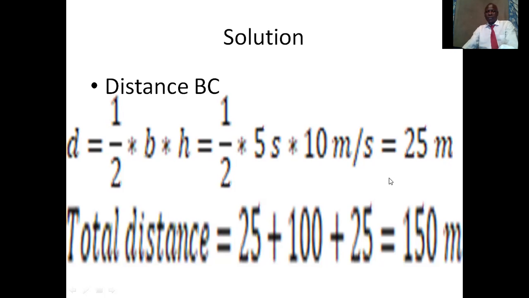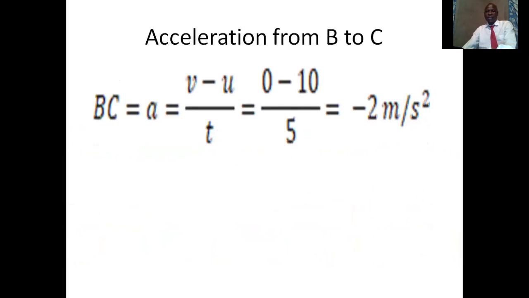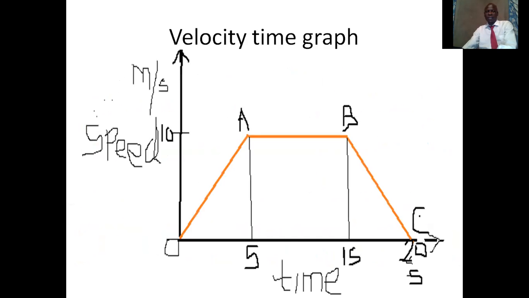The last part of the question says we need to calculate the total distance covered from 0 seconds up to 20 seconds. All we need to do here is add the areas we have calculated: the area for the first triangle, the area for the rectangle, and the area for the last triangle.